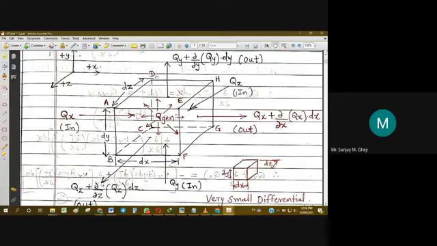The corners of this rectangular box are named A, B, C, D. So ABCD is this left face, shown in red color, and EFGH is this face. These vertical faces ABCD and EFGH are parallel to each other.